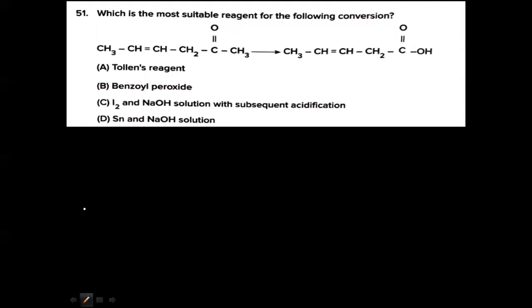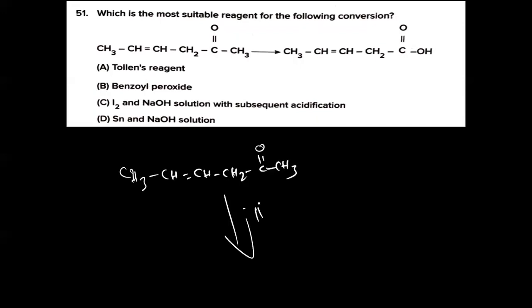51. Which is the most suitable reagent for the following conversion? So here we have to consider option C. I2 and NaOH solution with subsequent acidification gives the compound along with the formation of iodoform. The compound is CH3CH=CHCH2C(=O)CH3. This is on treating with I2 and NaOH.